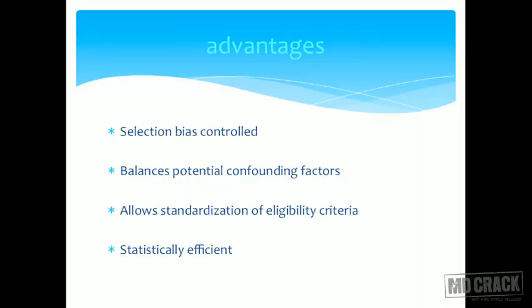Advantages of the RCT: selection bias is controlled, almost minimized. If you don't give in to the pressure of your friends and relatives to put them into one arm or the other, selection bias is almost eliminated. You really do not know which arm the patient will go to. You have no control over it because the whole process is randomized. It balances potential confounding factors.